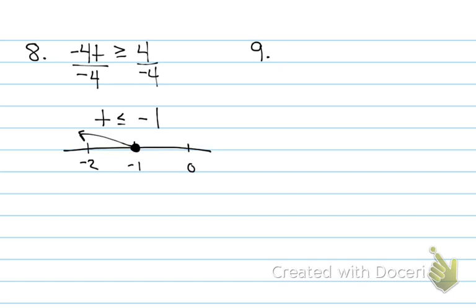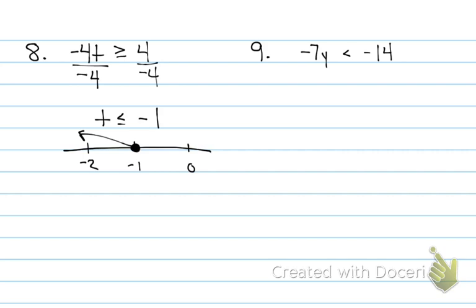So try number 9. Number 9, negative 7y is less than negative 14. I rewrote it as I was copying it down, so I don't have to write it twice. That's totally fine if you want to do that too.